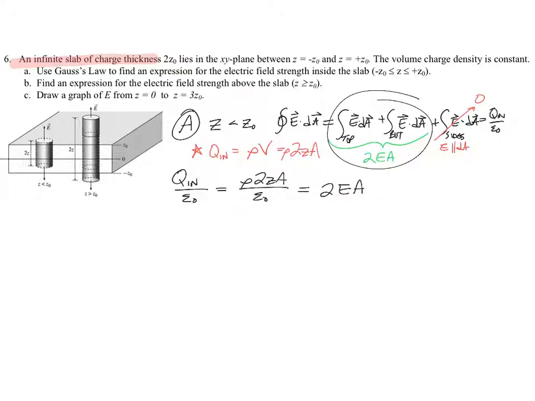Well, that means that my electric field would boil down, if I pay attention to those last two things in equality, to that volumetric charge density times that dimension z, length of the cylinder, per epsilon naught.